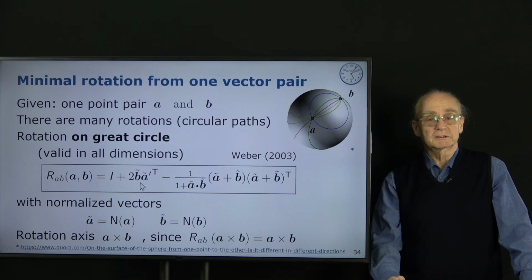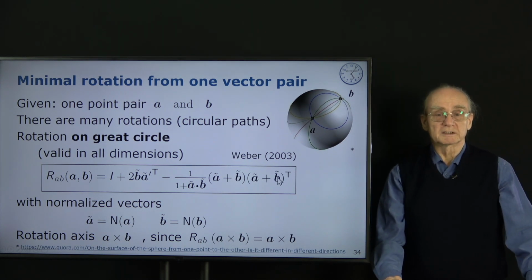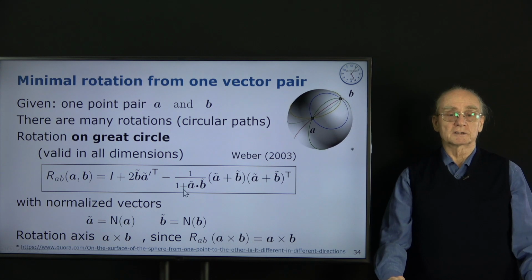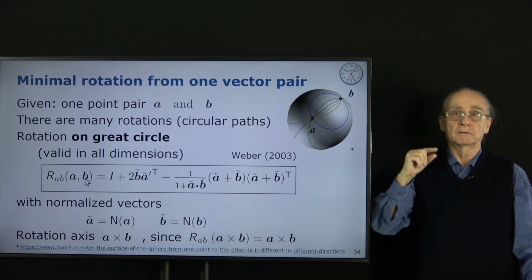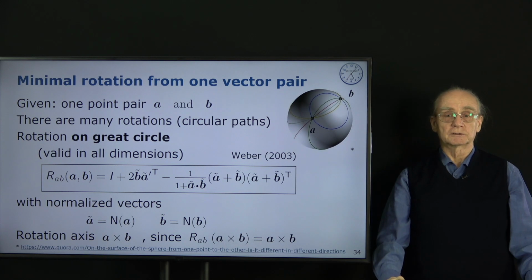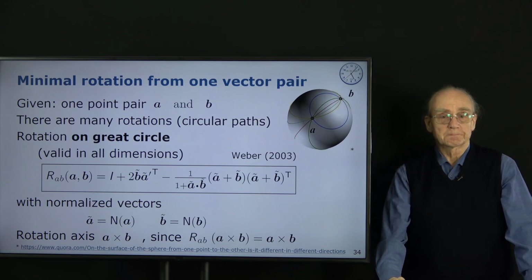So you actually take the vectors A and B. The tilde just means that if the vectors A and B are not normalized, you first normalize them. So all these vectors A and B tilde are normalized vectors. And if you take this expression, you get a rotation matrix, which rotates A into B along the great circle.